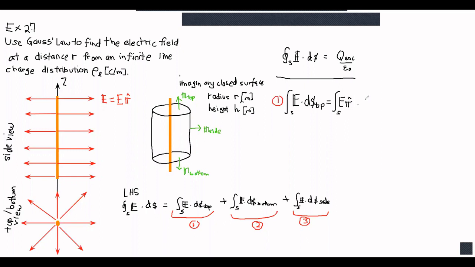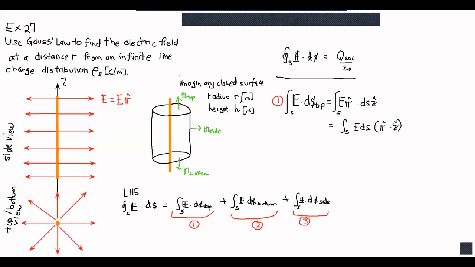The dS top, which is this surface area, has its normal in the z direction, so dS is in z.